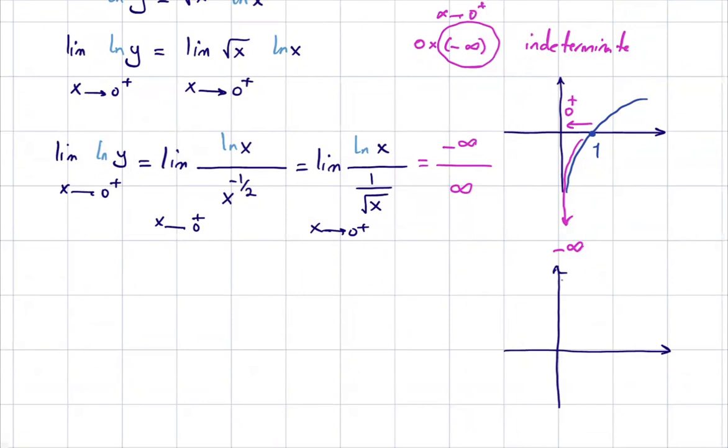So this graph behaves like this. This is 1 divided by square root of x as x goes to 0 from the right-hand side. As you can see, your y goes to positive infinity. So again, you have an indeterminate form. You have negative infinity over infinity, but now you can apply L'Hopital's rule.